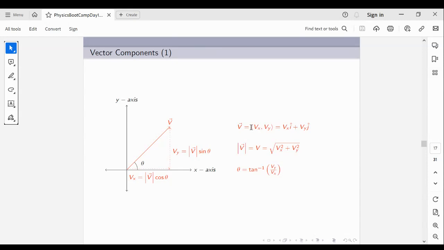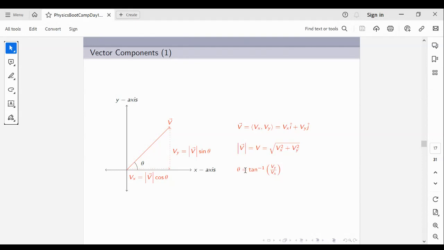You use angle brackets as ordered pairs separated by a comma, and sometimes it's written Vx i hat plus Vy j hat, j hat being the unit vector in the y direction, i hat being the unit vector in the x direction, and its magnitude is defined as usual by the Pythagorean theorem, which is also related to another operation which we will get into later.